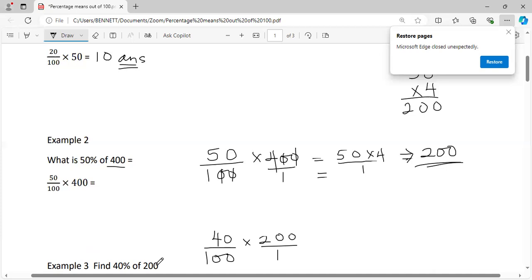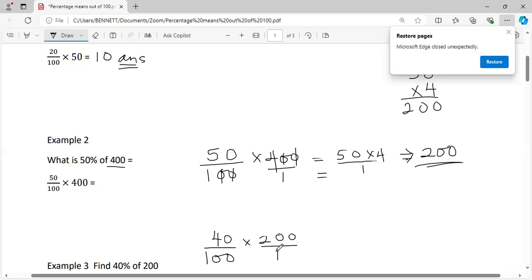So let's see if we can figure out how to get the answer from here. So we have 200 divided by 100. What is 200 divided by 100? How many 100s can you get out of 200? You can get 2, sir. 2.